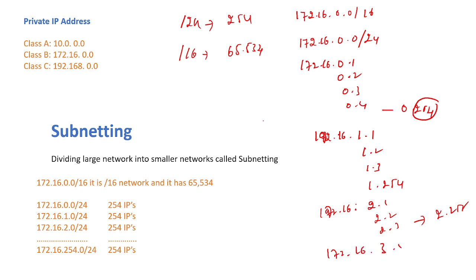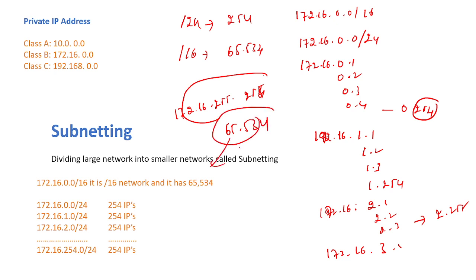Like that it goes up to 172.16.254.254. Once you write this out, the count becomes 65,534. This is how the numbers increase. Okay, clear?